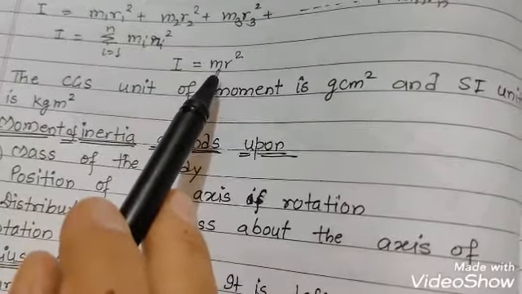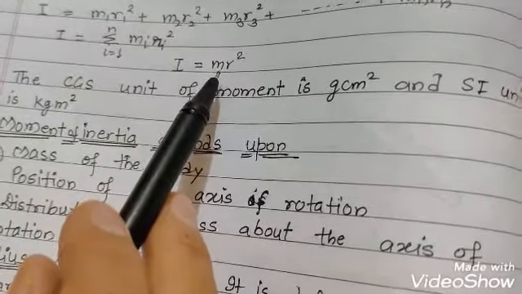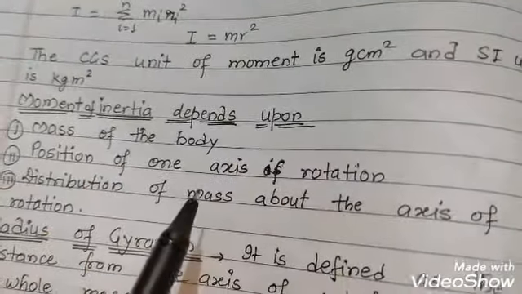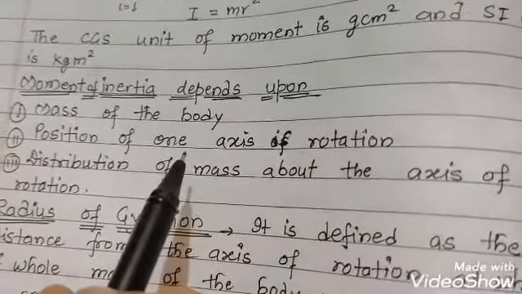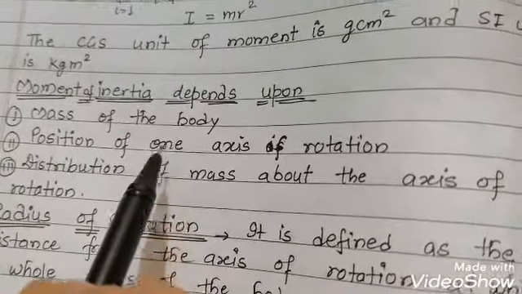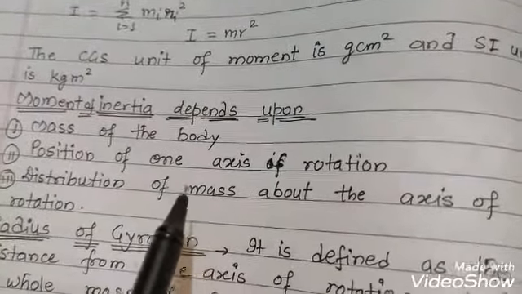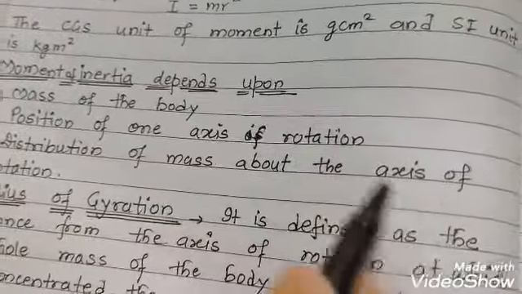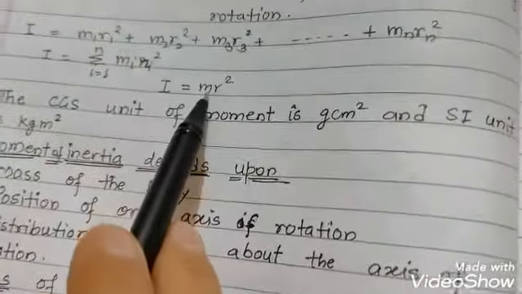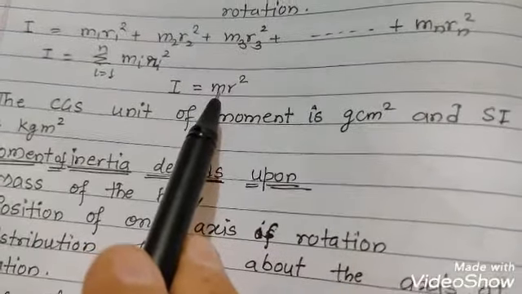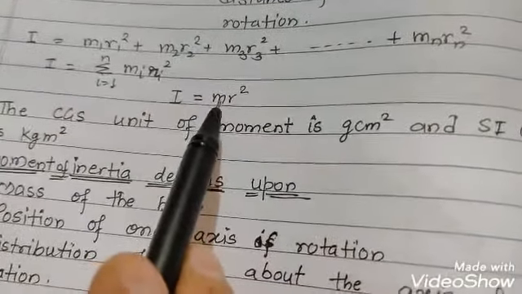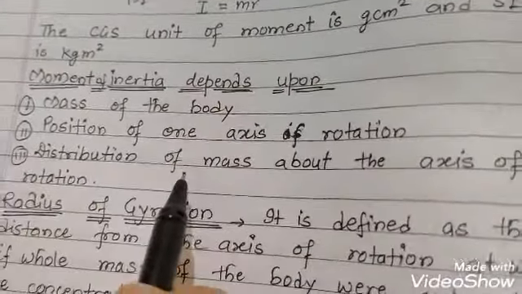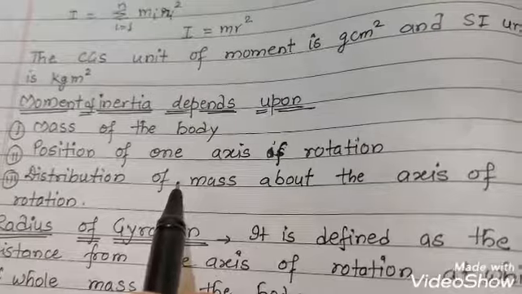And r is the perpendicular distance, the distribution of mass about the axis of rotation, meaning how much distance this mass has from the axis of rotation, so it depends on the position of the axis of rotation also.